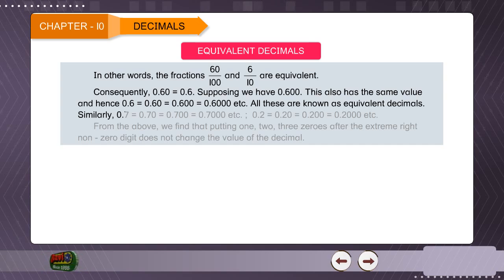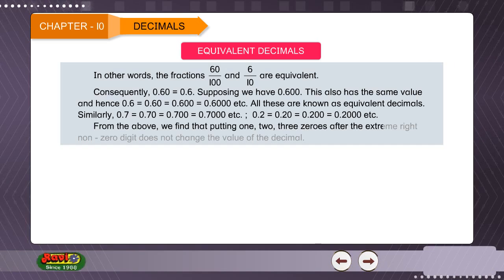Similarly, 0.7 is equal to 0.70 is equal to 0.700 is equal to 0.7000, etc. 0.2 is equal to 0.20 is equal to 0.200 is equal to 0.2000, etc. From the above, we find that putting 1, 2, 3 zeros after the extreme right non-zero digit does not change the value of the decimal.